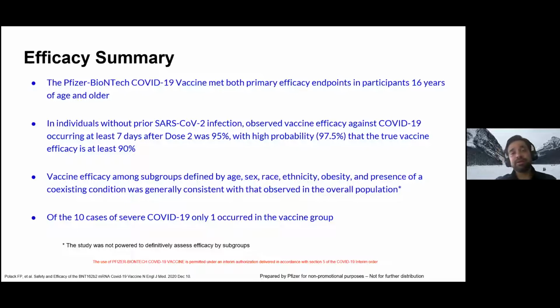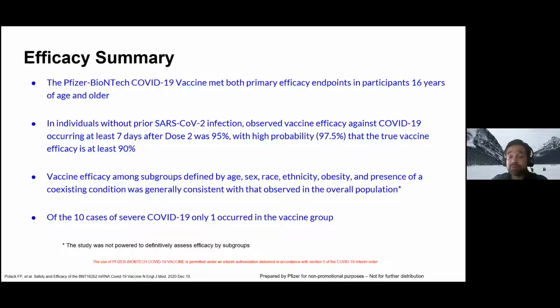So the data that I presented today is based on the cutoff that was done in mid-November, and a lot has happened since then. As you are aware, many countries in the world have authorized the vaccine for use, and they have used millions of doses of this vaccine in their mass vaccination campaigns.